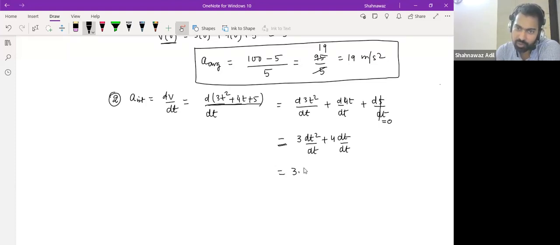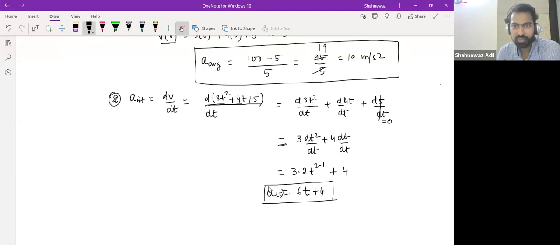Two would come in the bottom, and in the power you subtract one, so 2t. So this would be 6t plus 4. This would be the answer, the acceleration.